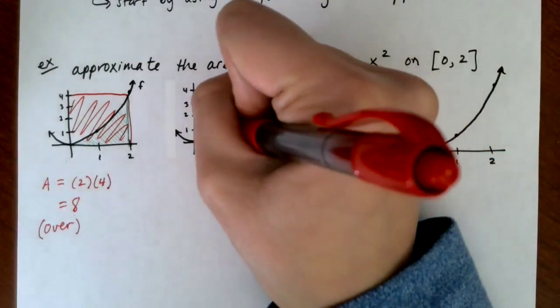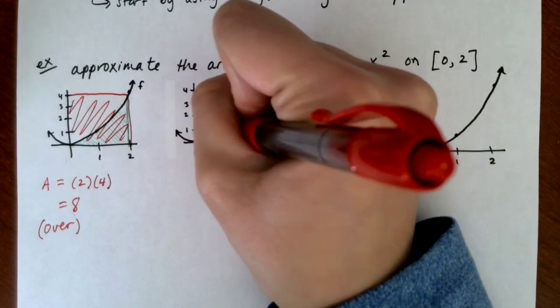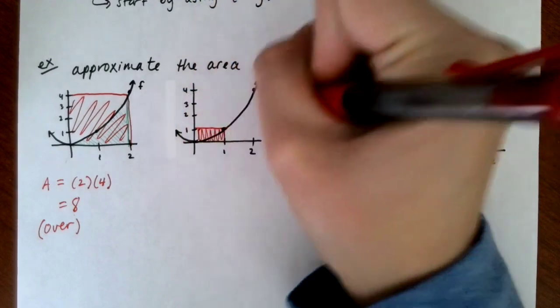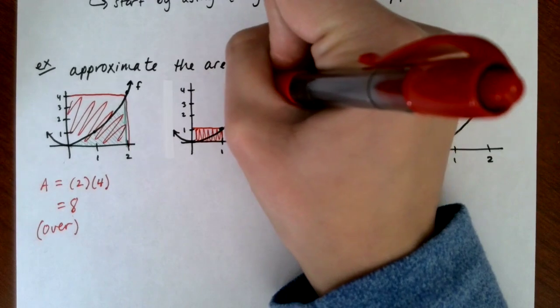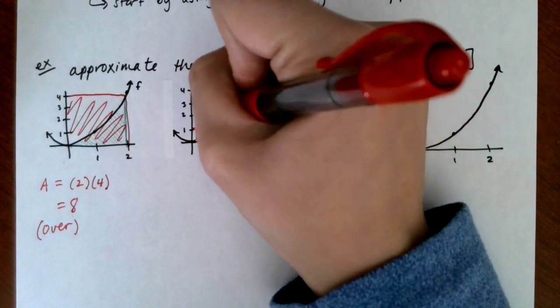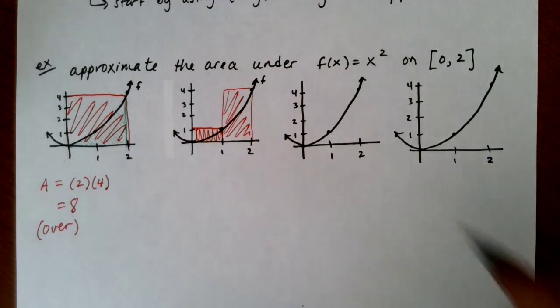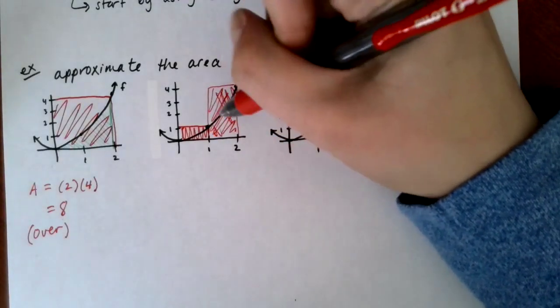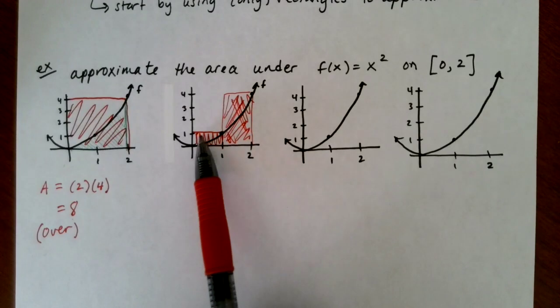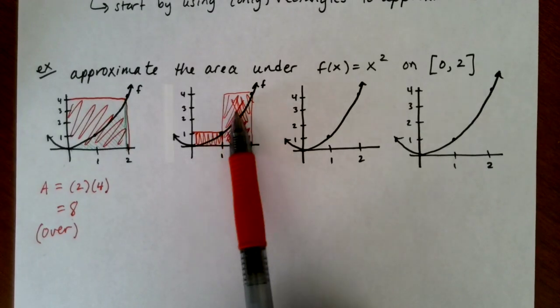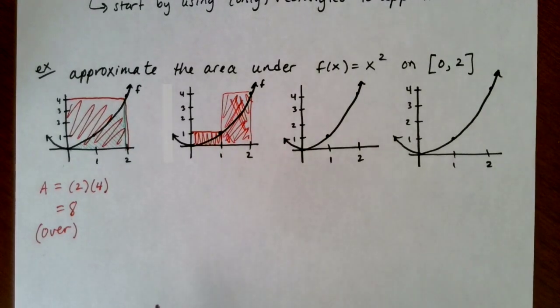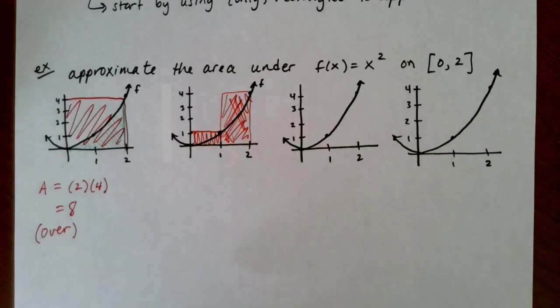So I could do one rectangle from 0 to 1, and then another rectangle from 1 to 2. If I add up the areas of these two rectangles, it'll still be an overestimate, because I'm still counting a bunch of area up in these corners that aren't part of the intended area, but it's going to be a lot closer to the correct answer than this 8 was originally.